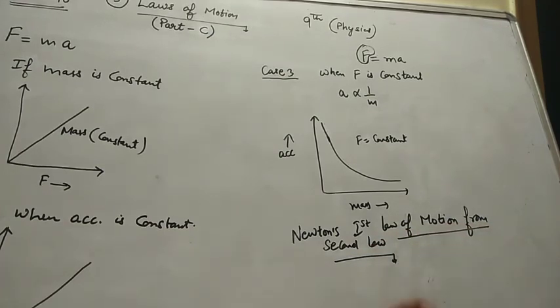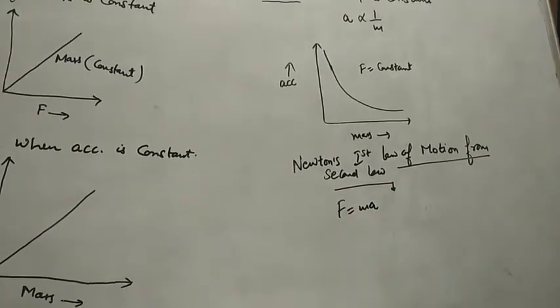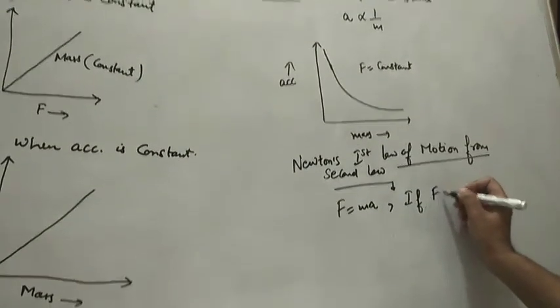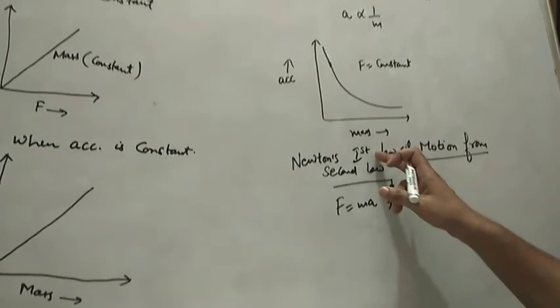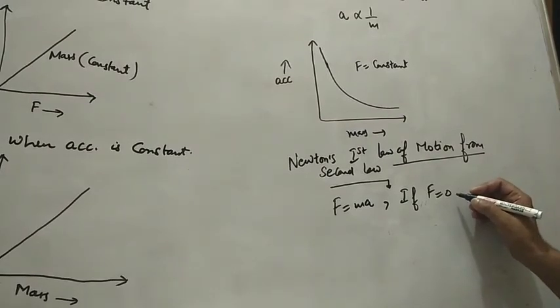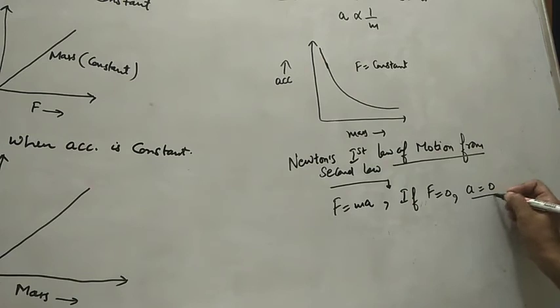How is it possible? As you know, force is equal to mass into acceleration. Now, if F is 0, as in the first law, acceleration will also be 0.